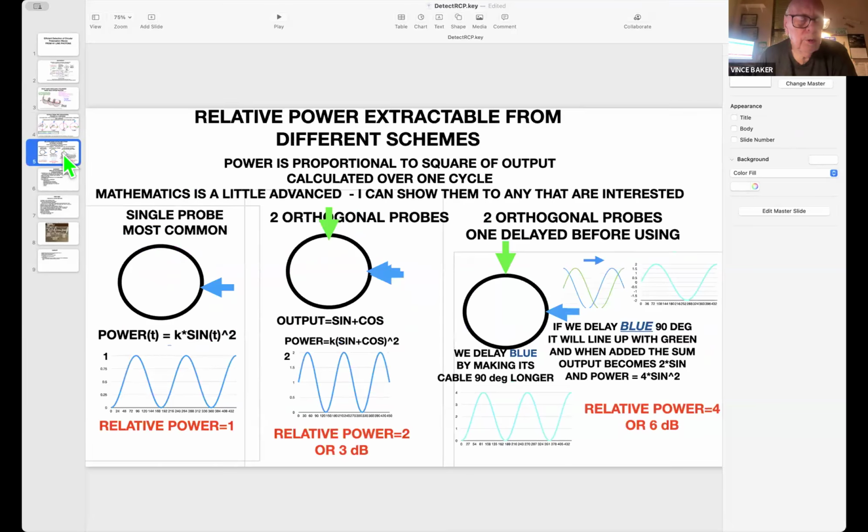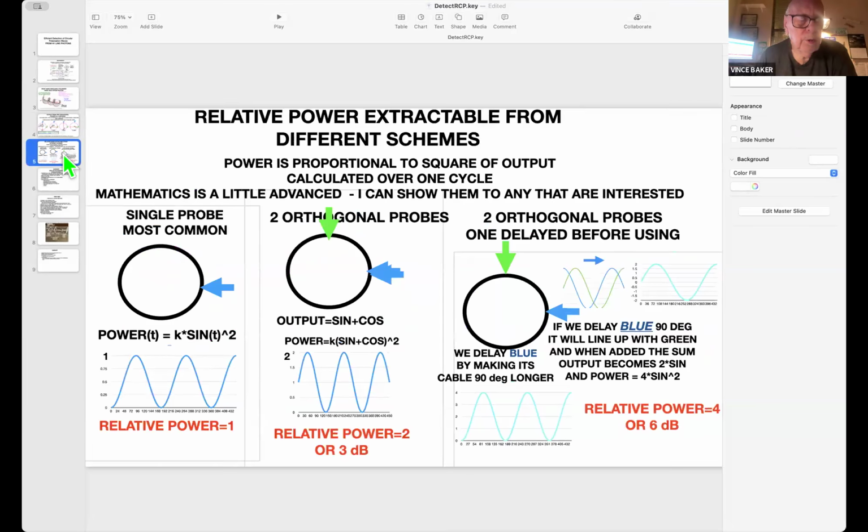So we'll show what we do and how to accomplish it. With a single probe, this is what you get. This is your power, equal to some constant times this. Just for a reference point, one probe is going to be 1. Now, if I use two orthogonal probes, one is a sine and one is a cosine, pi over 2 apart.